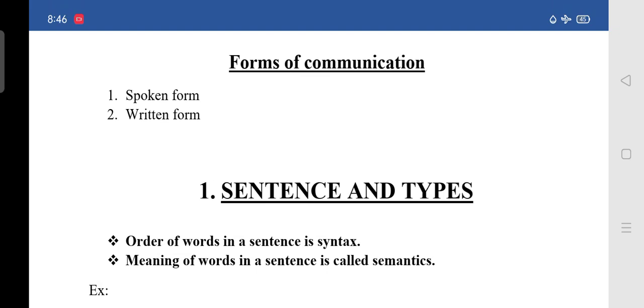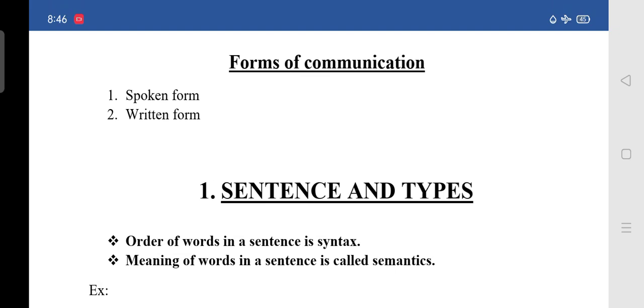Is it a group of words or a single word, and is it a segment or a speech pattern? All those things will be observed under spoken form. Whereas written form may be a letter, a word, a sentence, or a text or passage. So I think you have understood what forms of communication are.